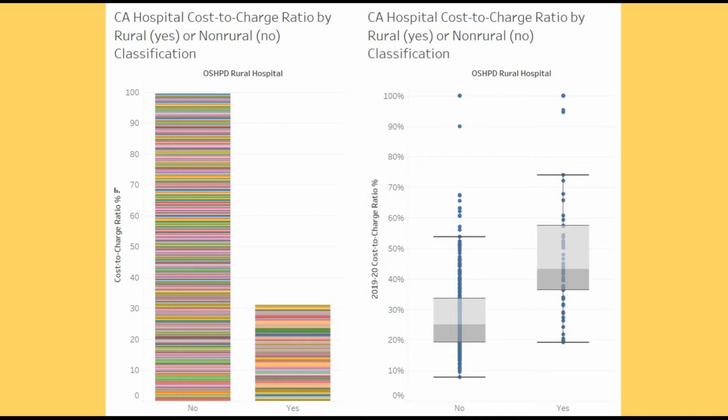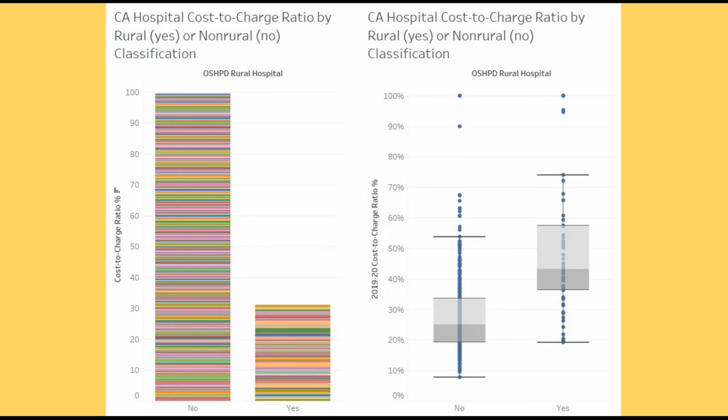What is significant here is that the data for the yes rural hospitals generally is higher than that of the cost to charge ratio for the non-rural classified hospitals. When I say the ratio is higher, what I mean is each individual stacked bar is thicker or contains a higher ratio within each bar.